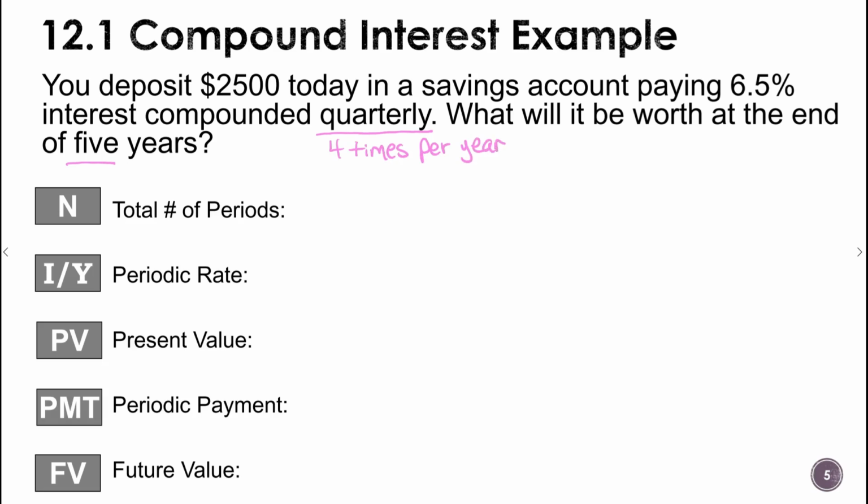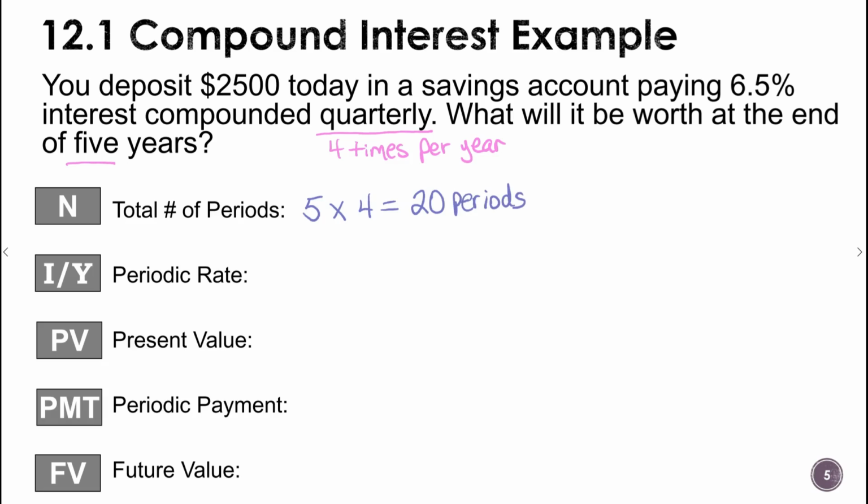And we talked about that in section 9.3. So the total number of periods is going to be 5 years times 4, because that's the number of times it's compounded, compounded quarterly. And so that will be 20 periods.